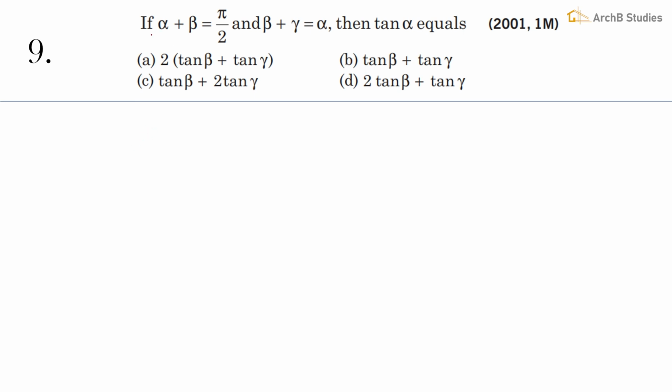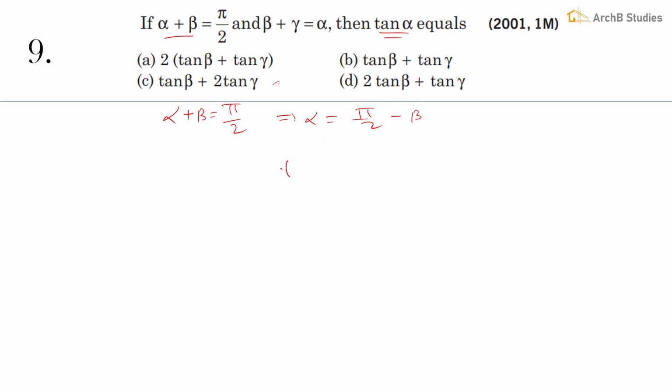Ninth question: if alpha plus beta is equal to pi by 2 and beta plus gamma is equal to alpha, then tan alpha is equal to what? Okay, so we have been given alpha plus beta is pi by 2. This means that alpha is equal to pi by 2 minus beta.